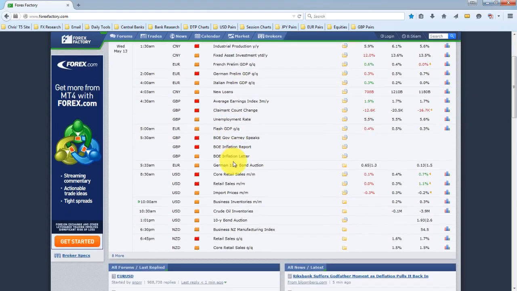How you define that risk event depends on the time frame you're trading. For example, if you're trading off of a 5-minute chart, you don't want to trade during these red releases. You want to be really careful about that. And even if you're trading hourly charts, you want to be very cautious about trading around, say, the BOE inflation report and a speech here by the Bank of England governor.